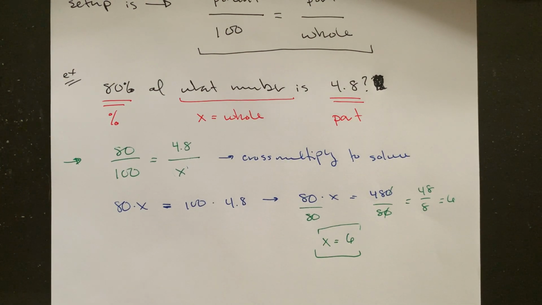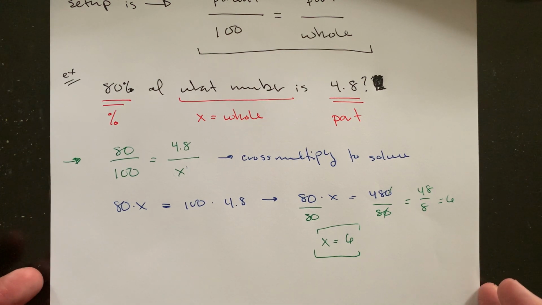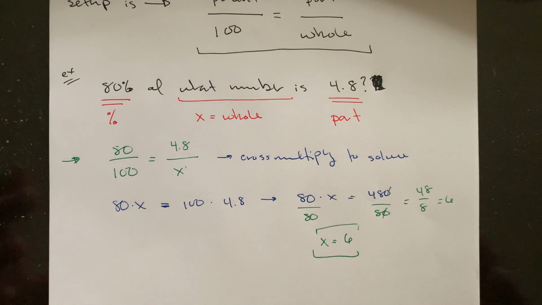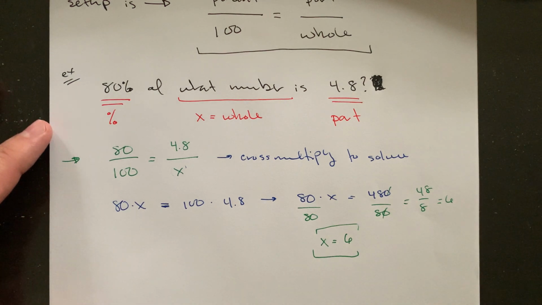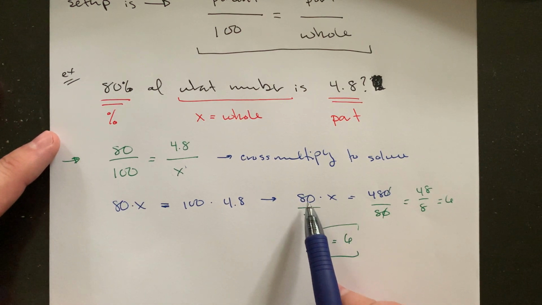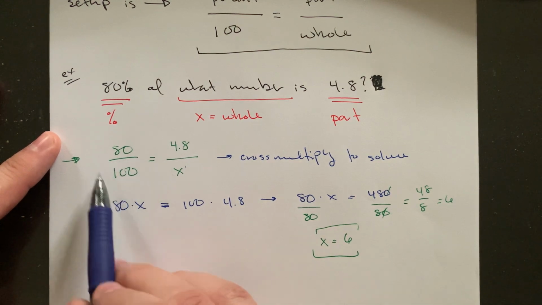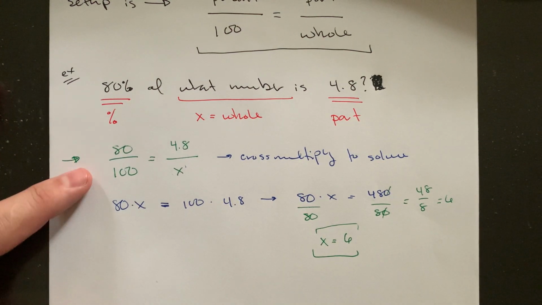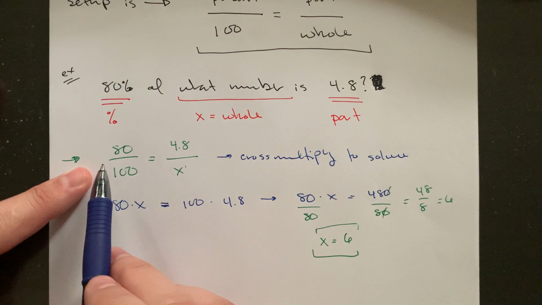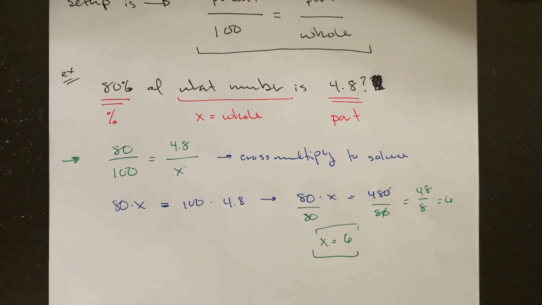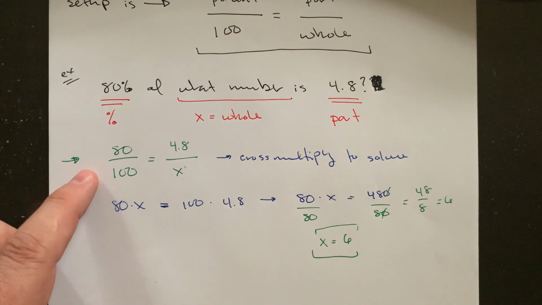So using this setup, we're able to just solve it with cross multiply. In theory, you could cross multiply out, and at some point around here, if you kept this as 80 divided by 100, which is 0.80, and you brought the x over, it actually just becomes the equation setup, your percentage times your whole.